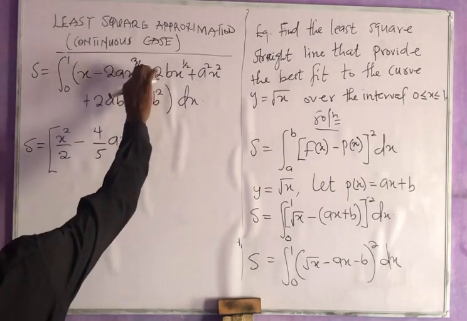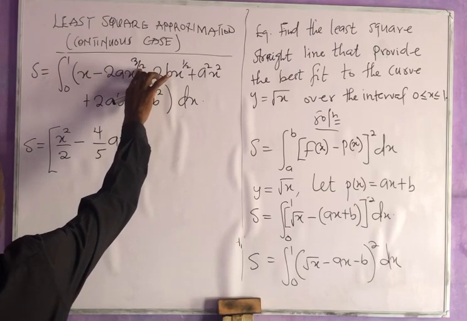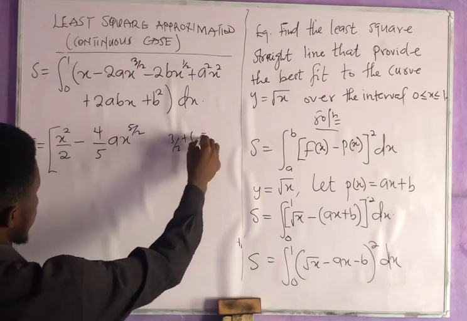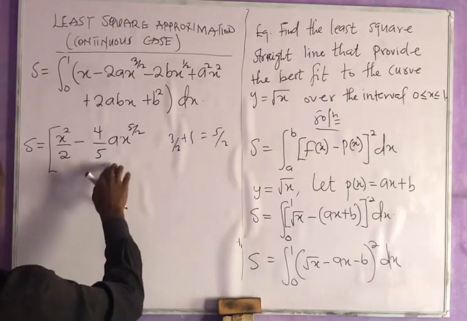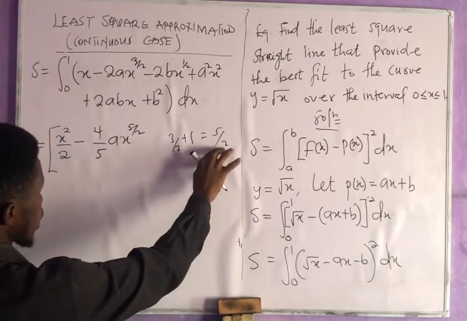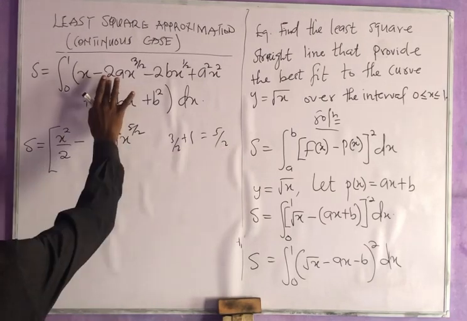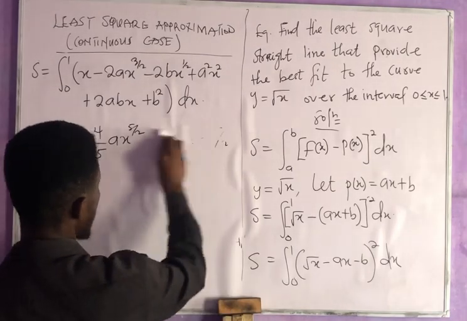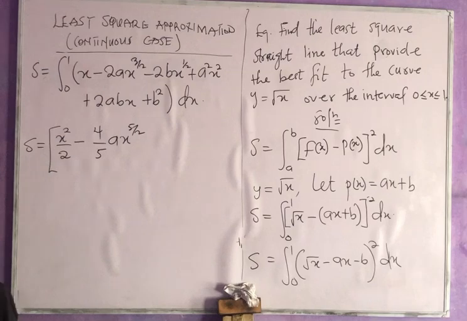Because when we are integrating, we add 1 to this. This will give us 3 over 2 plus 1, so this will end up giving us 5 over 2. Okay? But you divide by this 5 over 2, and that 2 here will multiply whatever is at the top here. Already 2 is there, so that will be 4.